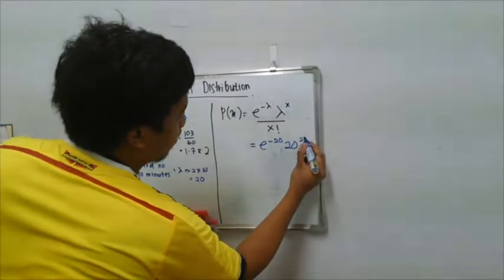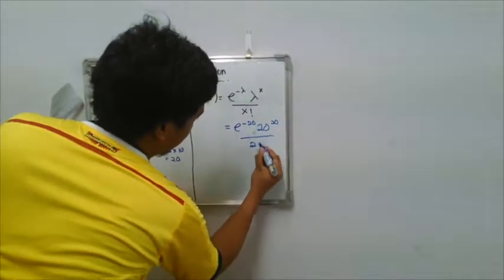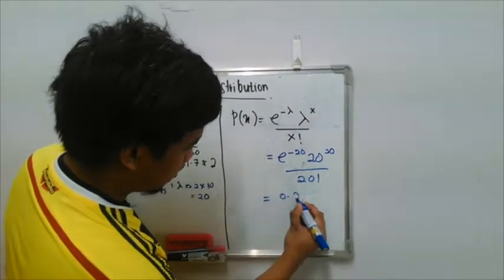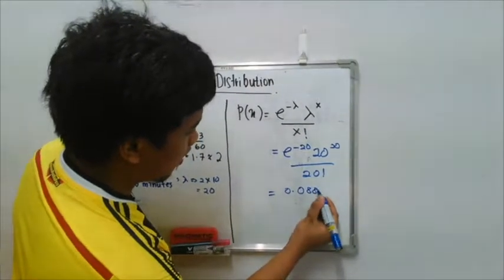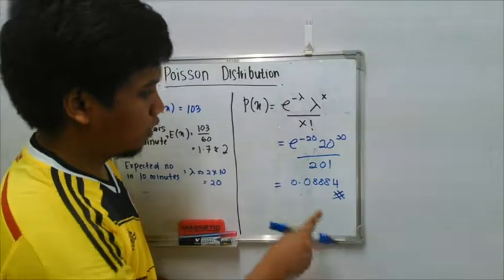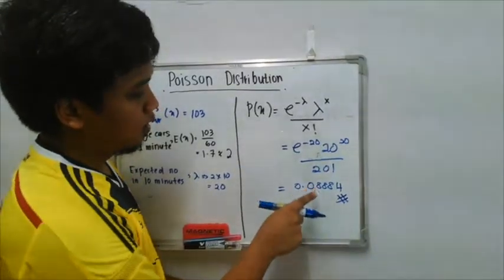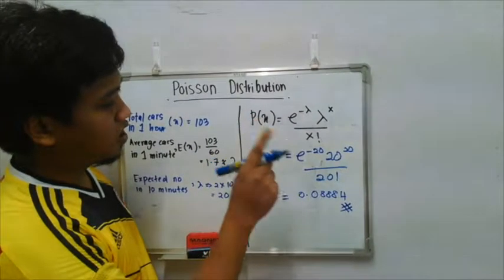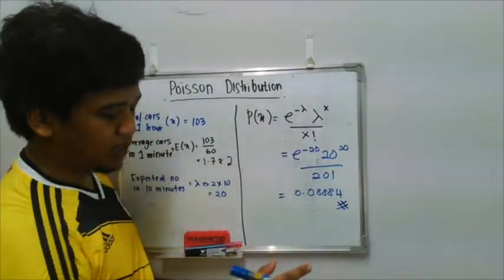So we want 20 to the power of 20 over 20 factorial, which gives 0.0884.